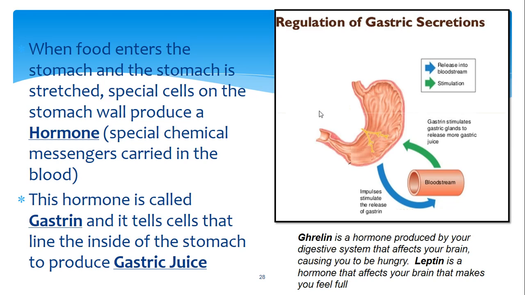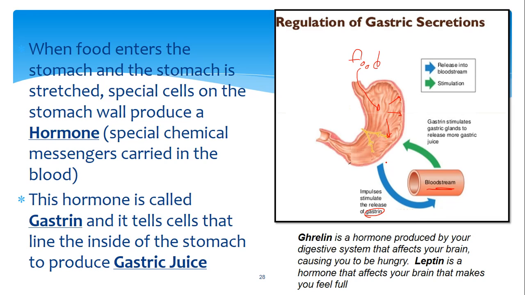So just so you understand, what happens is food enters into the stomach. Food will travel from the esophagus into the stomach. And as the stomach stretches out, this hormone called gastrin is released out into the bloodstream.